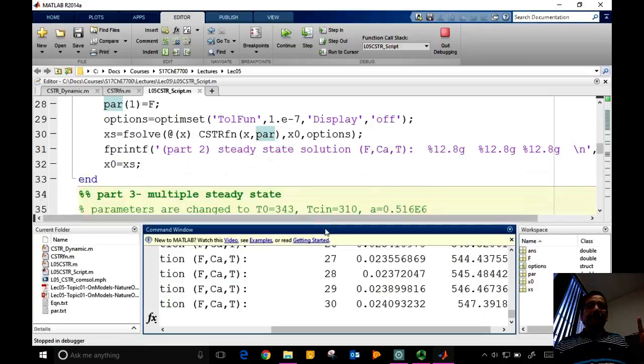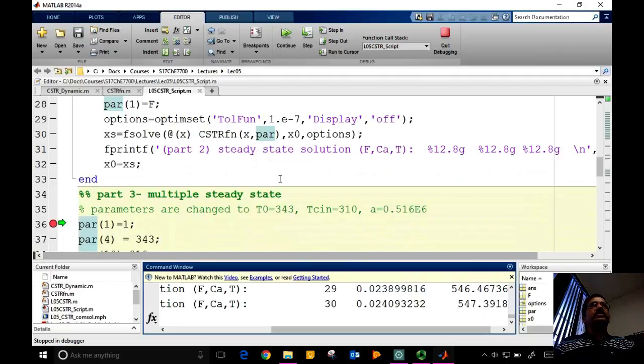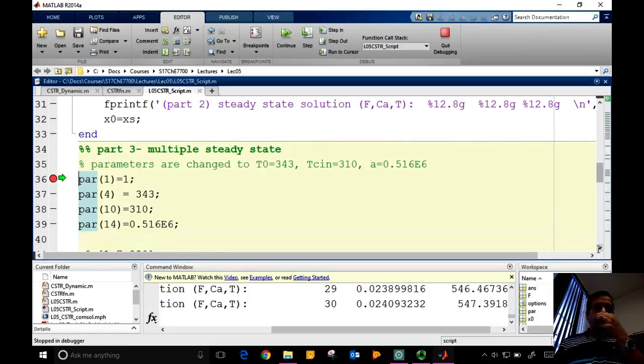Okay. The next thing I'm going to do, any questions on this? I'm progressively showing how to set up the problem for more and more complicated situations, and we'll go and do the same thing in COMSOL. Okay? So the next stage is I'm going to illustrate that for some values of the parameter, there are actually 3 solutions. Okay? So in this case, parameter 1 is the flow rate. I fix it at 1. Parameter 4 is 343 degrees.